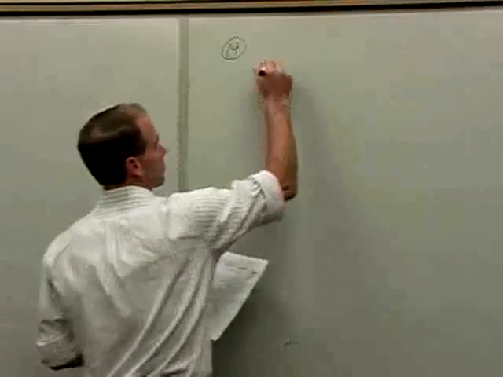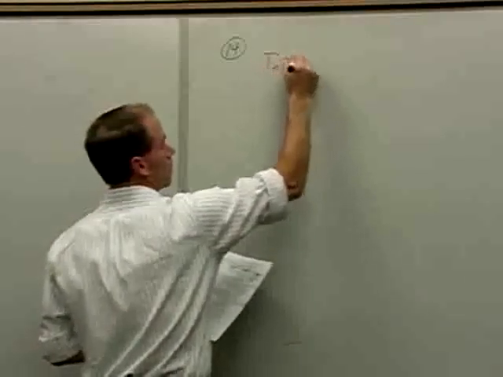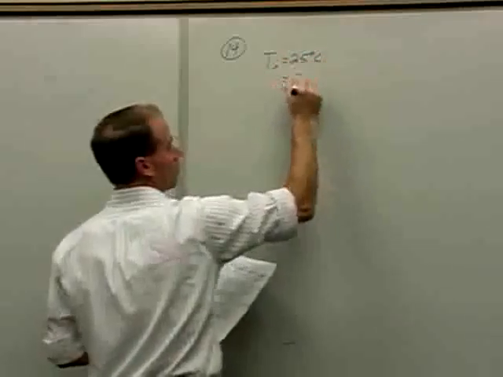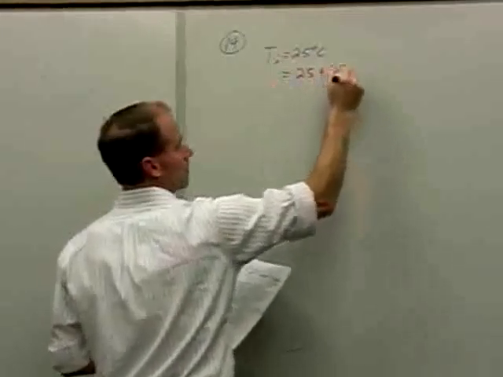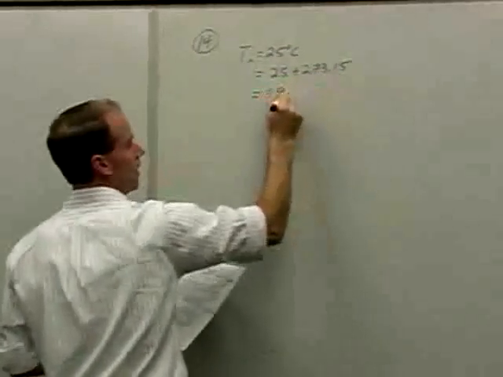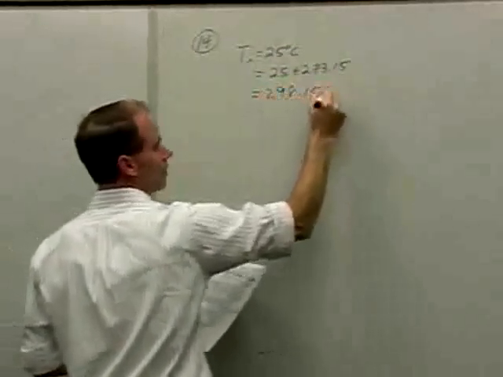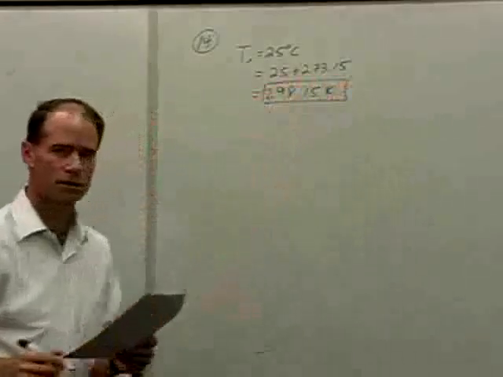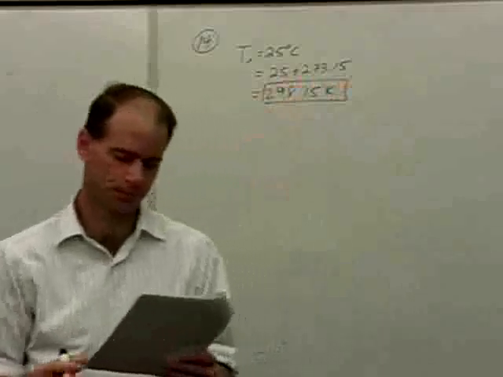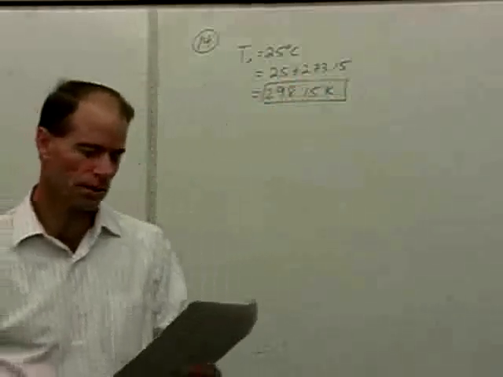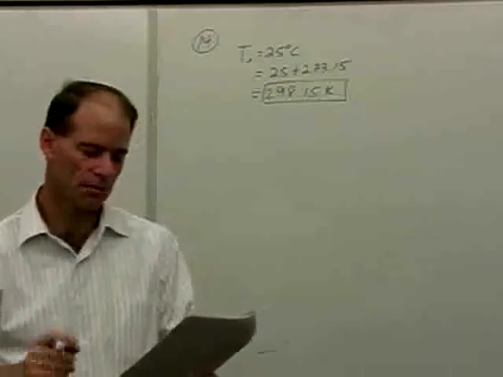So our initial temperature, 25 degrees Celsius, which would be 25 plus 273.15, which is 298.15 degrees Kelvin. We always want to switch over to Kelvin if we're going to use the ideal gas law. Now we're told that the pressure is doubled from the initial value.